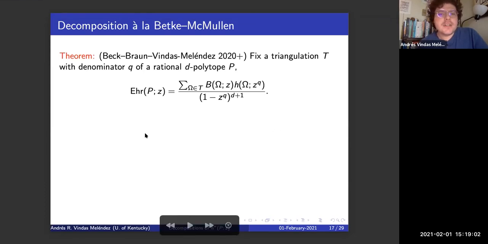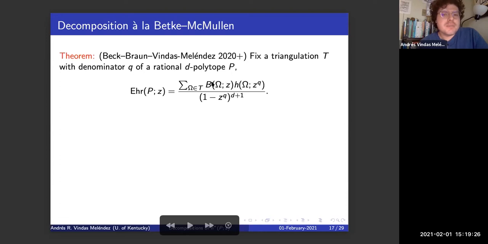And so now I'm presenting to you the Betke-McMullen generalization. So this is what I call the rational Betke-McMullen. And so if I fix the triangulation T with denominator Q of a rational polytope, I'm able to decompose my H star polynomial as a sum of box polynomials times H polynomials.